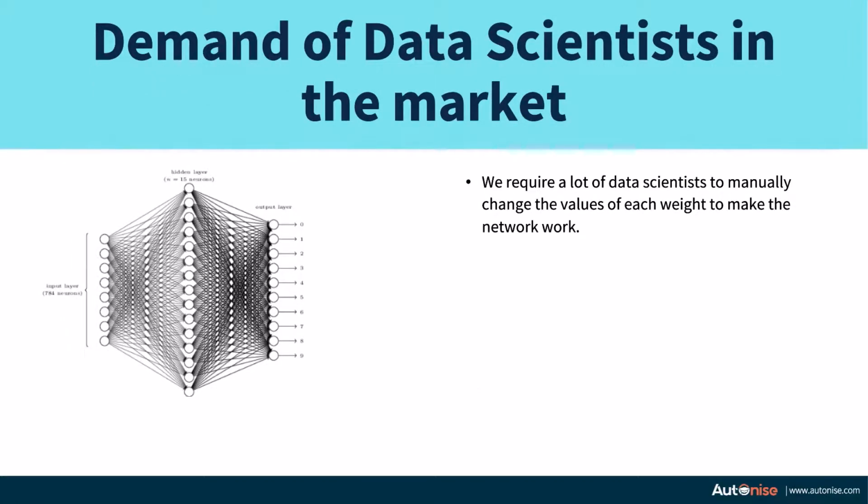So here comes why the demand of data scientists in the market is large. What data scientists actually do is they manually change the value of each weight to make the network work. They start with some random weights and they change the value of one weight and see how the output changes. If, let's say for 9, you're getting a low value in the final output, you'll change the value of one weight and see if the value of 9 increases.